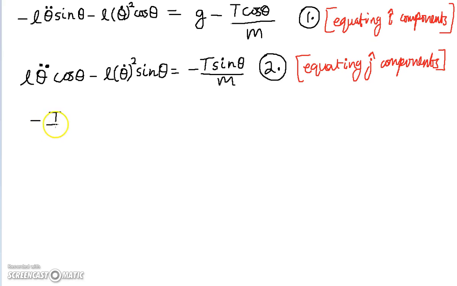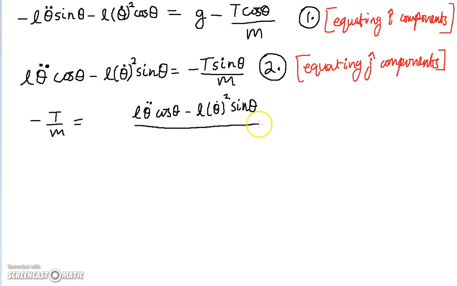So negative T over m from equation 2 is just (L theta double dot cosine theta minus L theta dot squared sine theta) divided by sine theta. We're going to sub this result directly into equation 1.